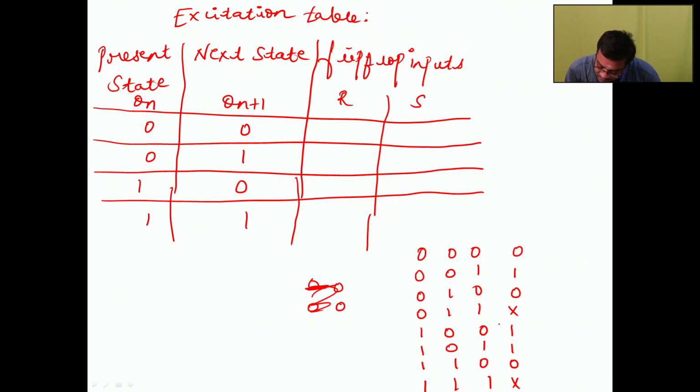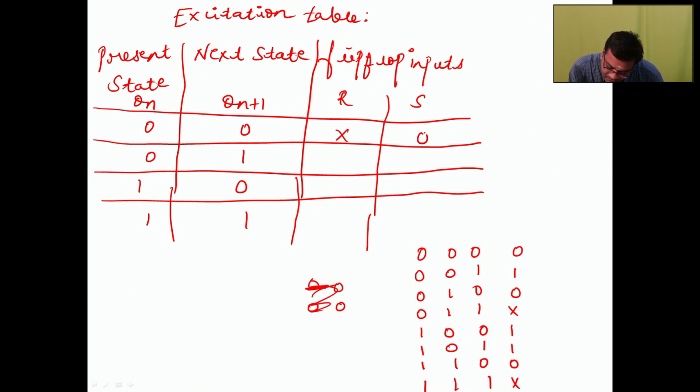Okay, what are the things we are going to get? Present state 0, next state 0; present state 0, next state 0. Don't care, 0.